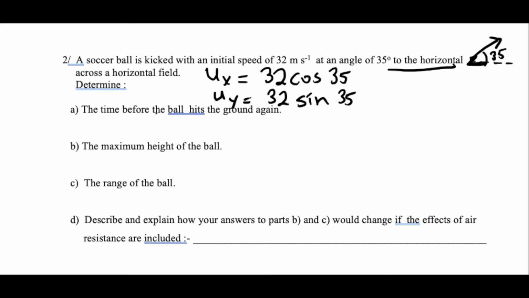Okay, the time before the ball hits the ground again. We said we want to make a table. So let's do that. We have an x and a y component. Our initial velocity, ux, will be the answer to that calculation, and uy will be the answer to that calculation.